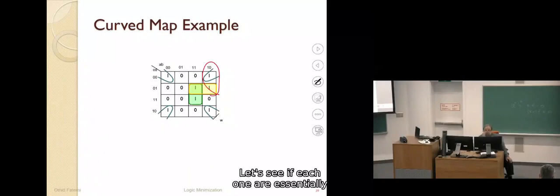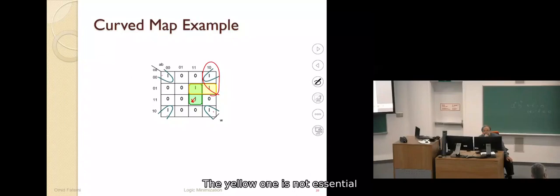Here, let's see which ones are essential. The blue one is essential, of course. It has these, which are not covered by anything else. The green one is also essential because of this.